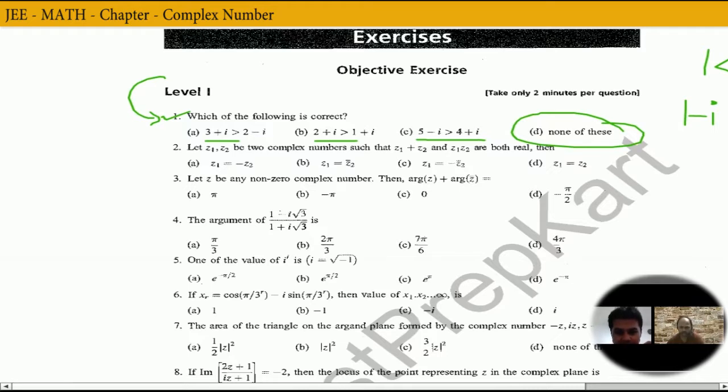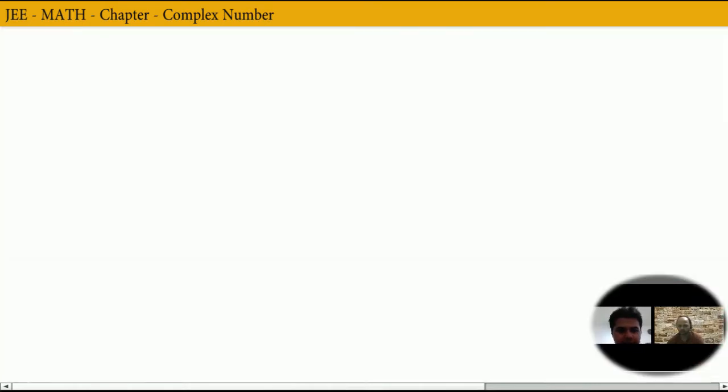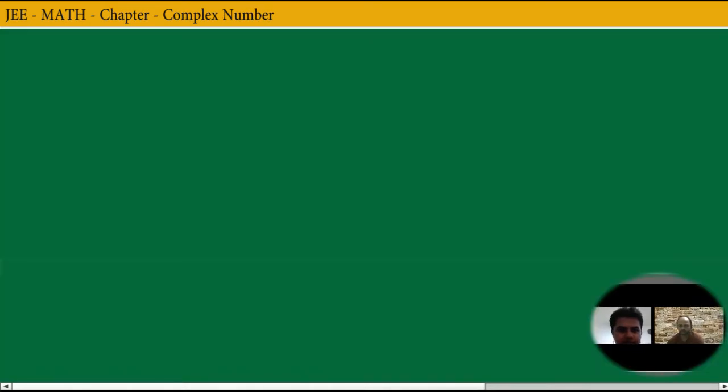First of all, I can understand we are not familiar with this one. Let me discuss this one, otherwise we won't be able to discuss these questions. Suppose we consider a complex number Z1 equals A1 plus IB1.